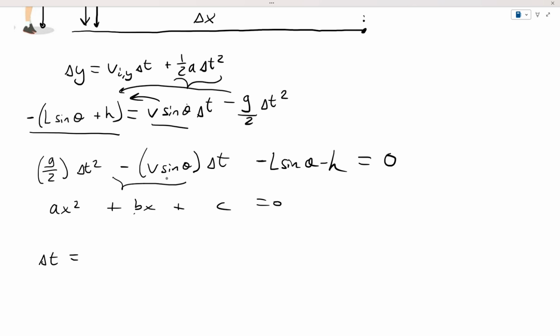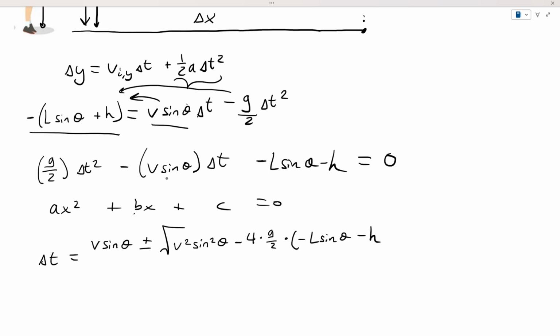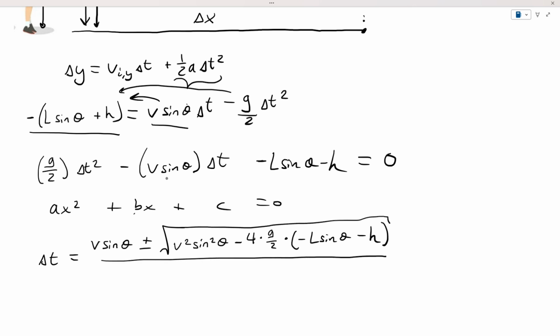In our case, b is negative v sine theta, so minus b is v sine theta, plus or minus the square root of b squared. So b squared is just going to be positive v squared sine squared theta, minus 4ac. So 4 times a is g over 2, and c is minus L sine theta minus h. And all of that is over 2a.